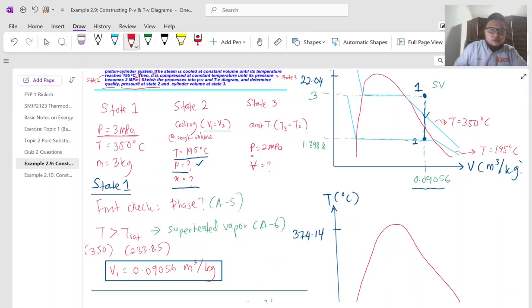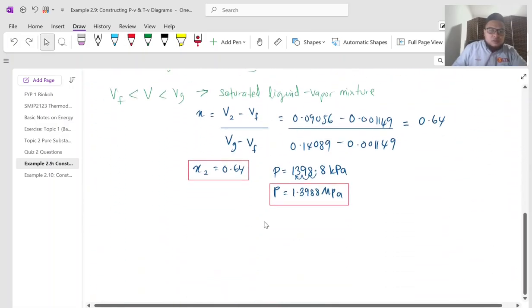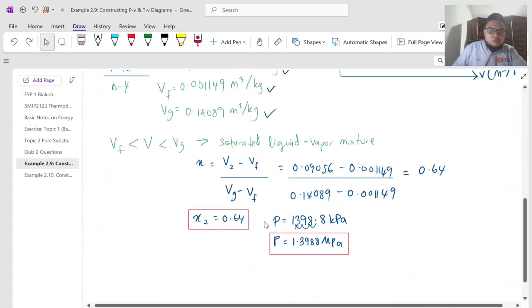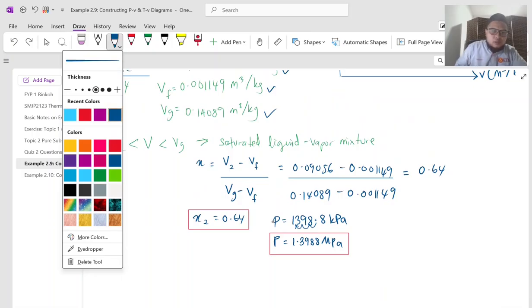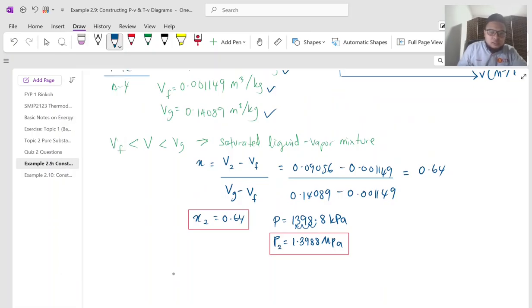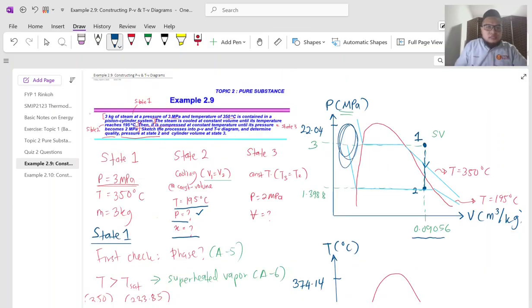The given value here is pressure, 2 megapascals, and we compare that with the previous state, which is 1.3988. 2 is bigger, so P3 is larger than P2. So at state 3, the process that happens is the compression at constant temperature.